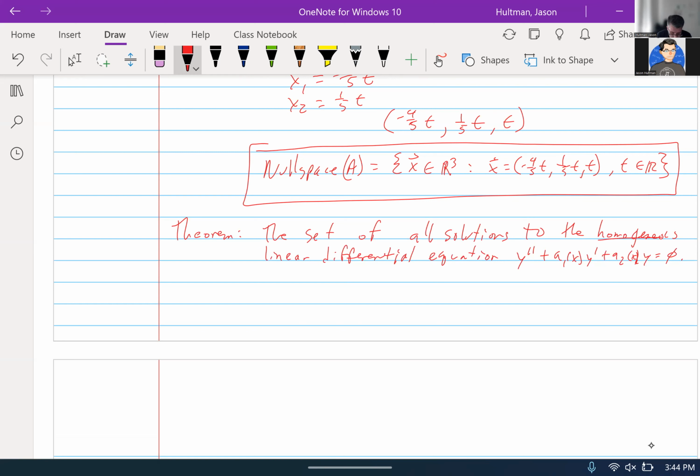And so this is a vector space. Okay, the solution space takes the form y of x equals c1 y1 of x plus c2 y2 of x.